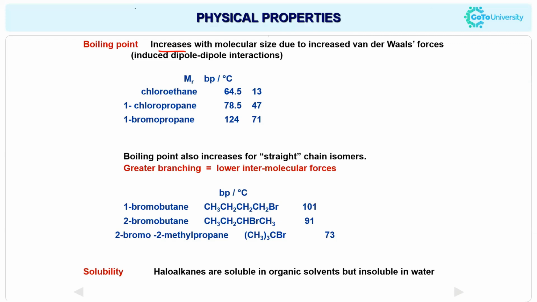So when this force increases, it becomes hard to break the bonds between the haloalkane molecules. It means their boiling point increases. So when the chain length increases, their boiling point increases.